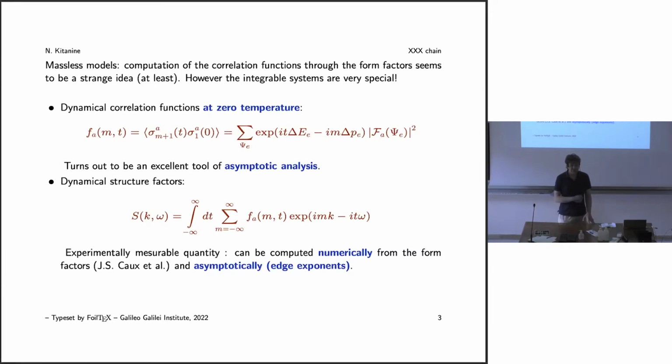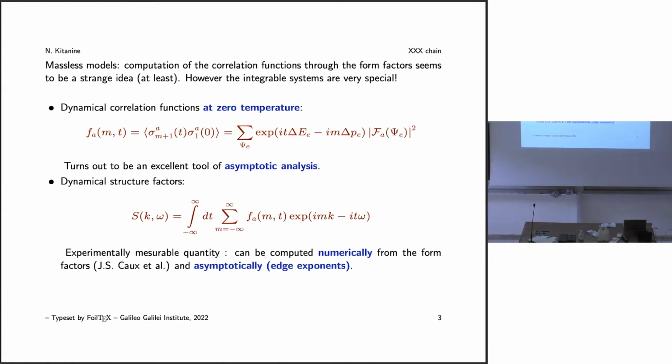Sometimes computing the correlation functions through the sums of form factors for massless models can seem to be a stupid idea, but it's not for integrable models, because integrability makes it very particular, and already for H non-zero, it turned out to be an excellent tool for asymptotic analysis. It's also an excellent tool for numeric analysis, as was shown by Jean-Sébastien Caux. So really, we can do a lot of things if we know the form factors.